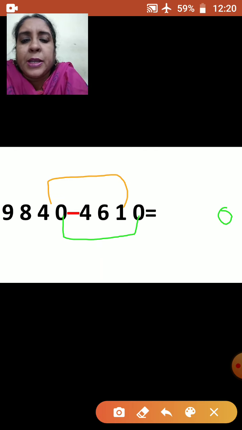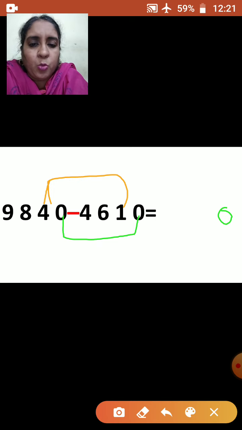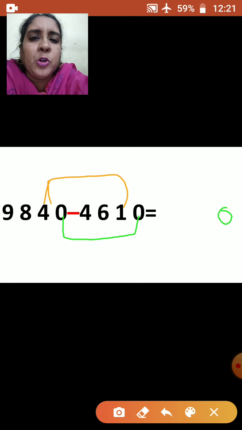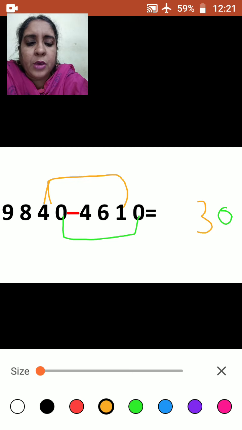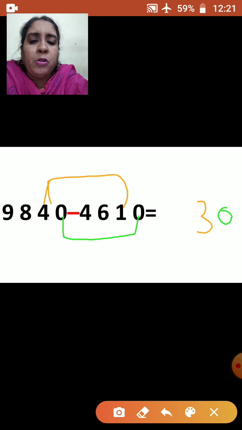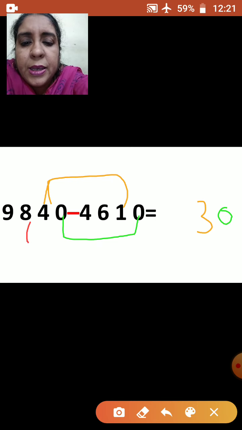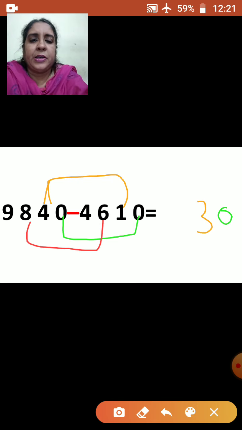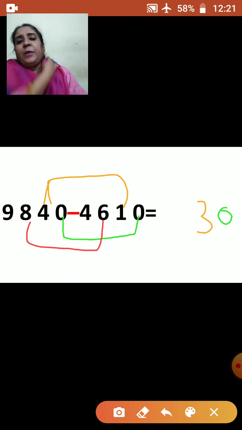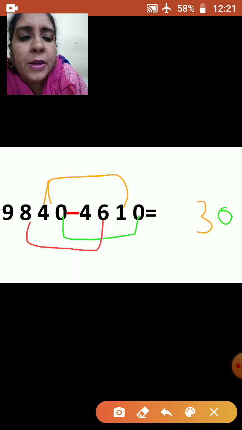Now we will go to tens place. See the number on tens place? Yes, 4 and 1, right? 4 minus 1, how much will you get? 3. Okay. Now we will go to hundreds place. See the numbers on hundreds place? 8 minus 6. What will you get, 8 minus 6?